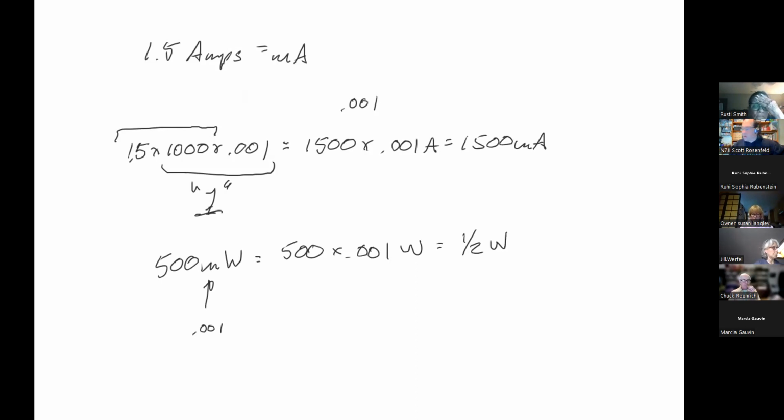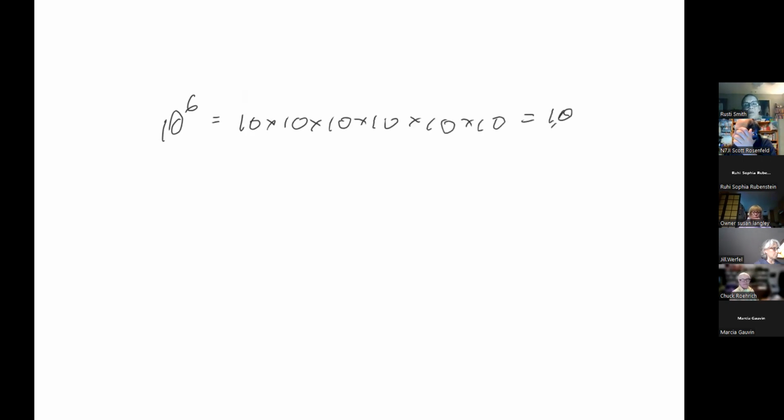The next thing we're going to do is this thing called decibels. Just a minute ago, remember we were talking about powers of 10. So let's say 10 to the 6th power. That can also be written as 10 times 10 times 10 times 10 times 10 times 10 equals 1 million.